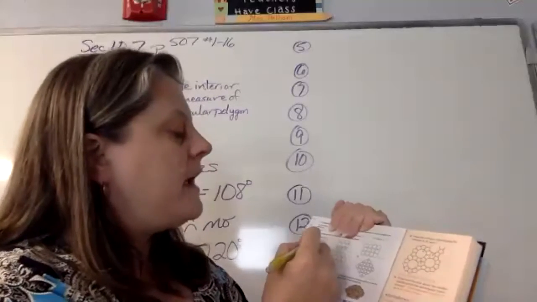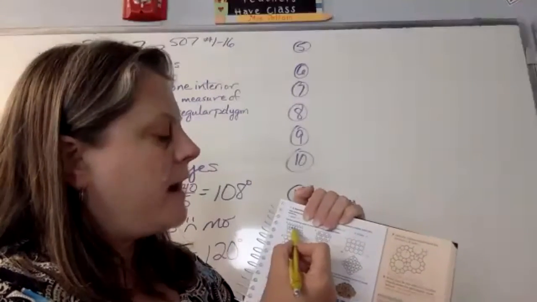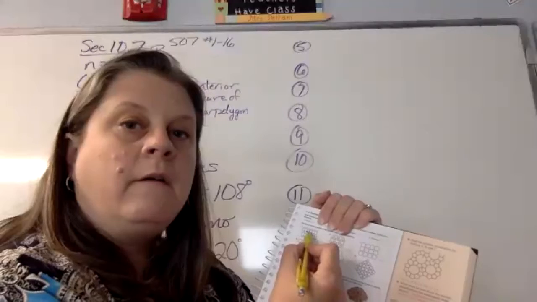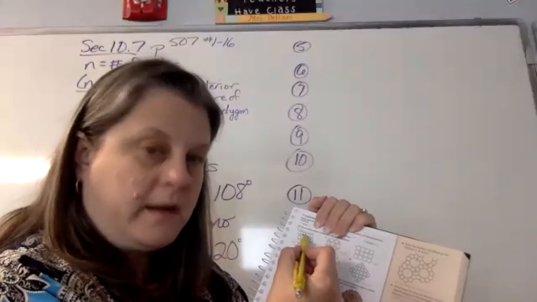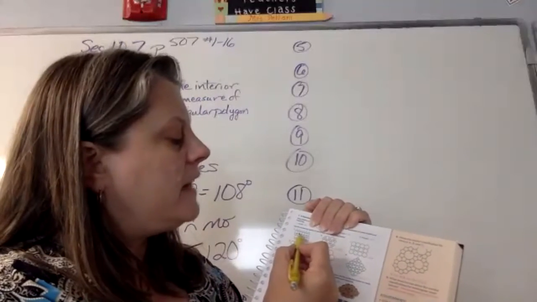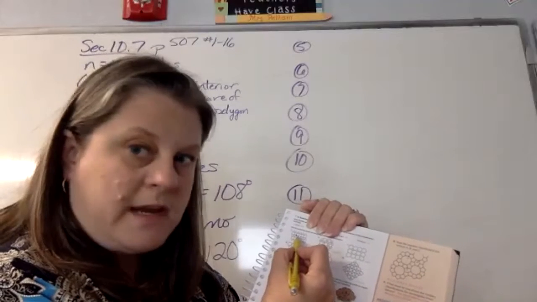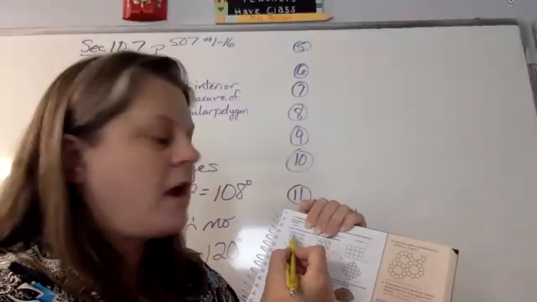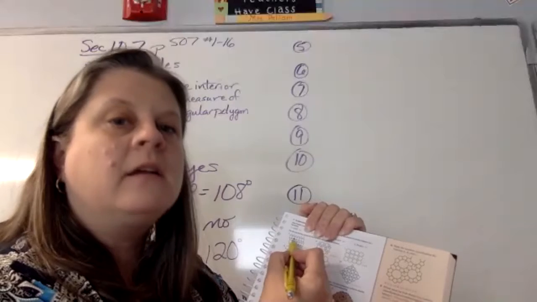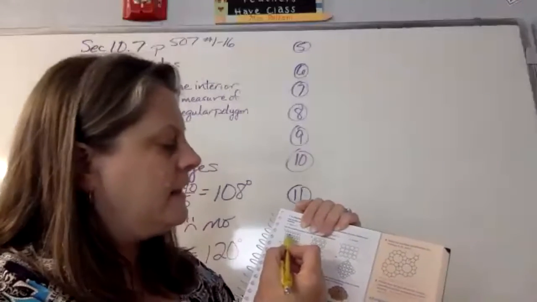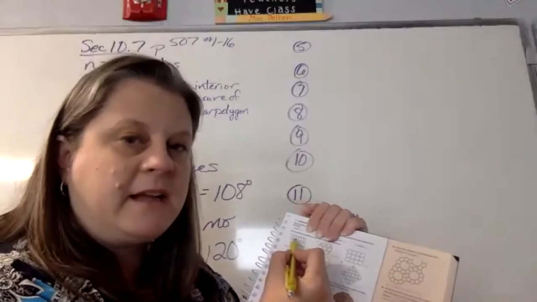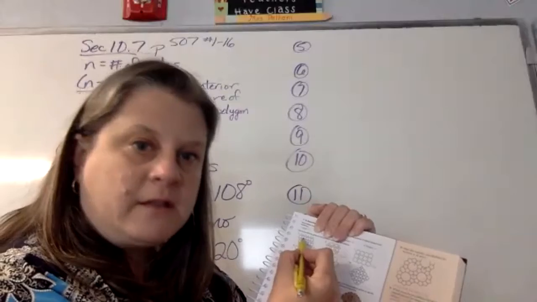Then my next, going to the top right, I have what? 4. Right? And then down below it, I have a triangle, so that's 3. I have another triangle turned the opposite direction, so that's a 3. And then I have one more triangle that meets at it. That's a 3.